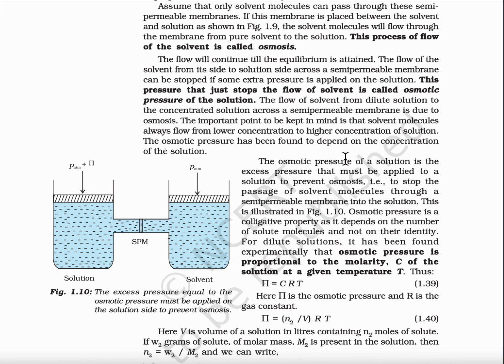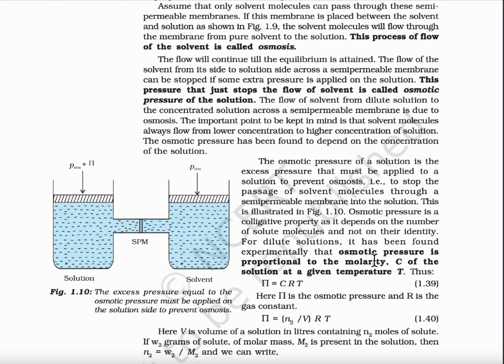The osmotic pressure of a solution is the excess pressure that must be applied to the solution to prevent osmosis. This is the definition for osmotic pressure. This pressure that just stops the flow of solvent is called osmotic pressure. That is, the pressure of a solution is the excess pressure that is applied to a solution to prevent osmosis. That is to stop the passage of solvent molecules through a semi-permeable membrane into the solution. Now this is illustrated in figure 1.10.